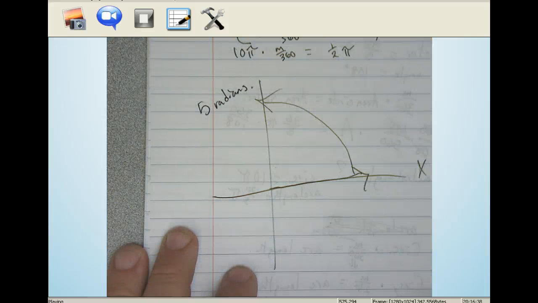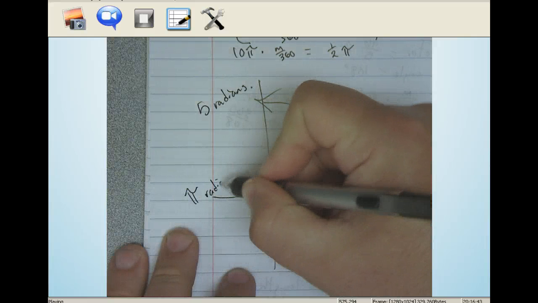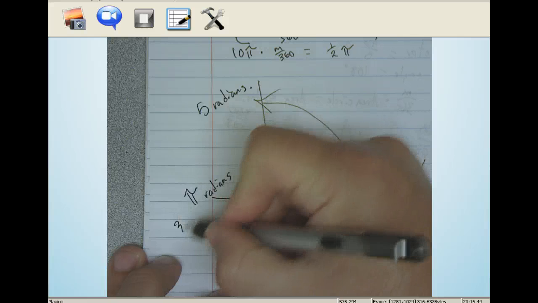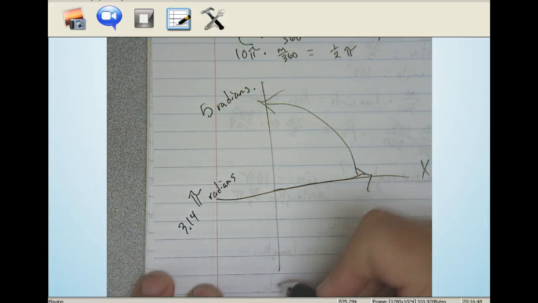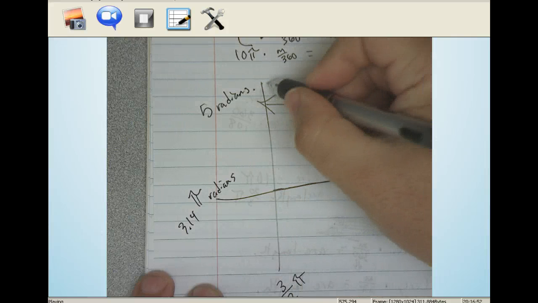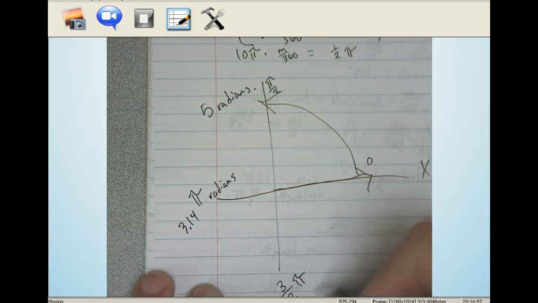5 radians. Well, remember, this is pi radians, which is 3.14, right? And this is 3 halves pi, so this is pi over 2 radians, right? This would be 0, and if I rotate all the way, I get to 2 pi radians.